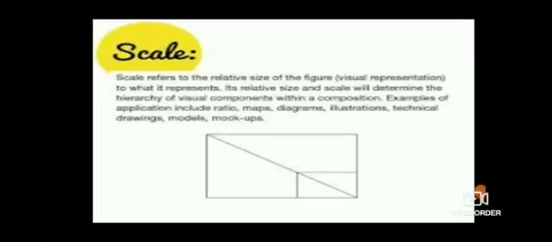Visual representation of a map scale is called a linear scale. Scale in a map is expressed as a simple statement such as 1 centimeter is equal to 1 kilometer. This means that 1 centimeter on a map represents 1 kilometer on the Earth's surface.